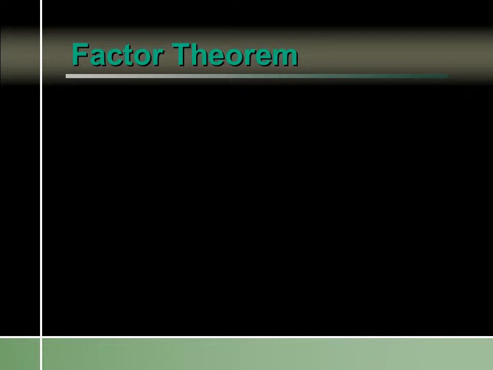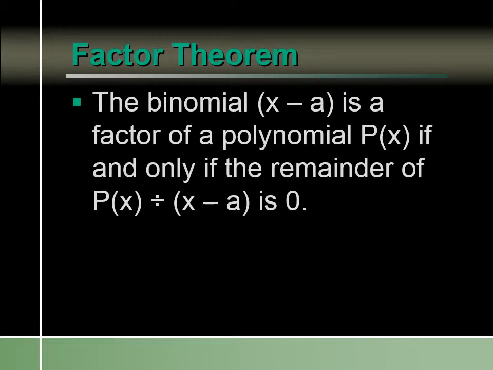Bringing us to the factor theorem. All right, so the binomial x minus a, again, remember this form, x minus a. If there's not the minus there, then you have to switch your a to be negative.